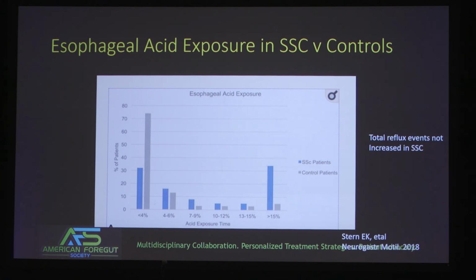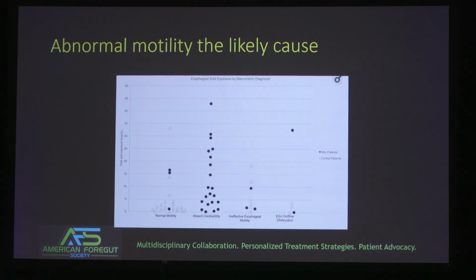The percent esophageal acid exposure is on the x-axis, from normal to varying degrees of abnormal. And as you can see, going to the far right-hand side, the scleroderma patients had much higher acid exposure than the patients who are controls. That's not a surprise, but it was not due to total reflux events. What it seemed to be most associated with was abnormal esophageal body motility.